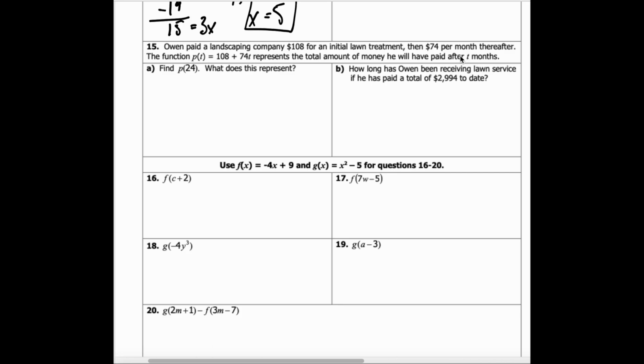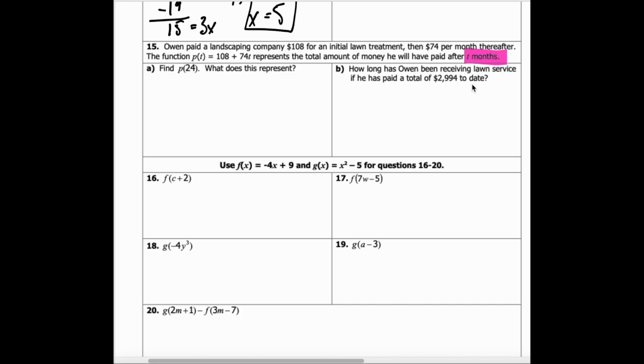t months. t is going to be the time, the amount of months, right? And that makes sense. The initial deposit was $108, and then after that, they brought the price down to 74 per month after that. So they want to find what is the P of 24? Basically, what does this represent? Well, we know that t, they told us t is going to represent months, right?